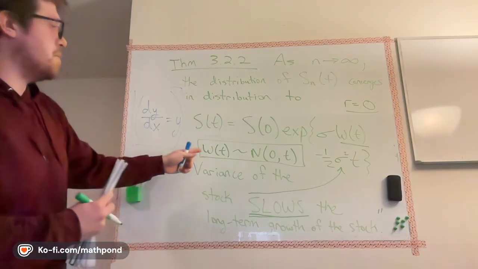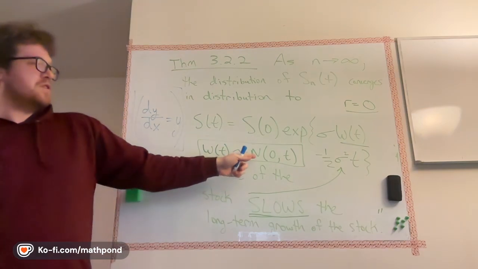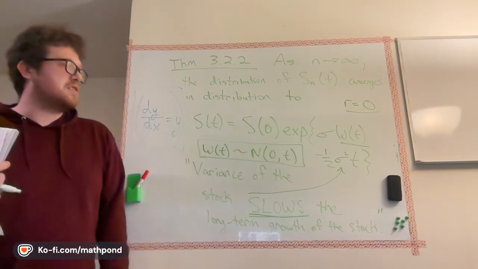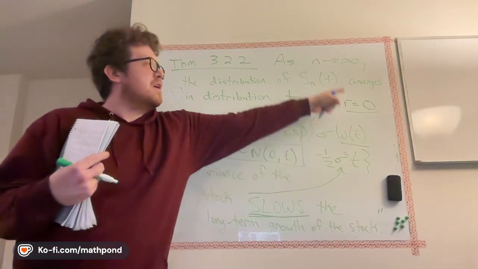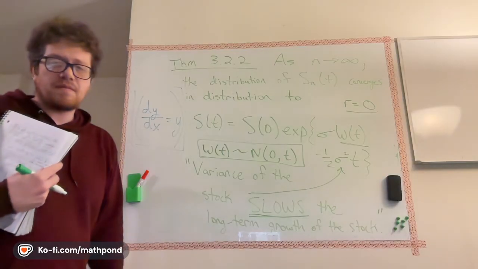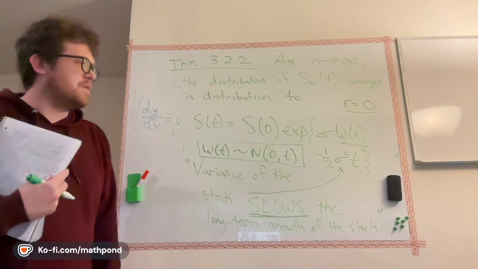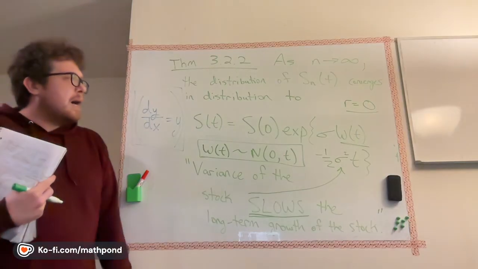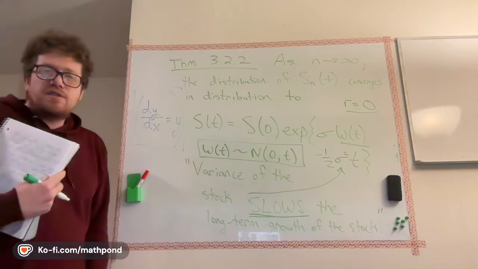Yeah, so W of t is just a random variable. It's normally distributed, mean 0, and variance t. So as t gets bigger, the amount of randomness, the variance, increases. Thanks for helping me with that. Okay, so any other questions about this?